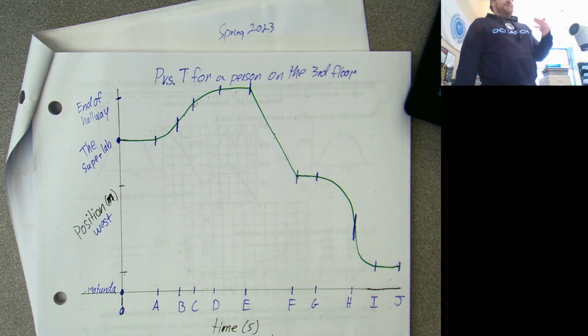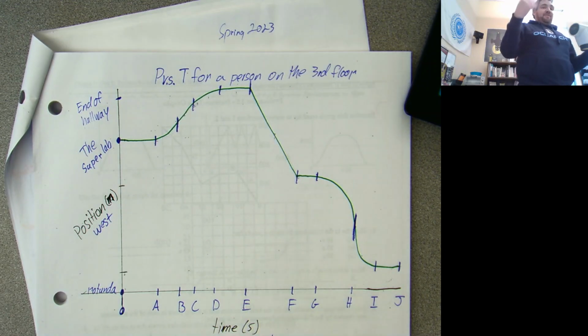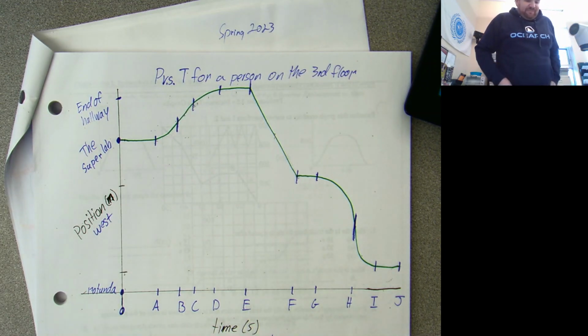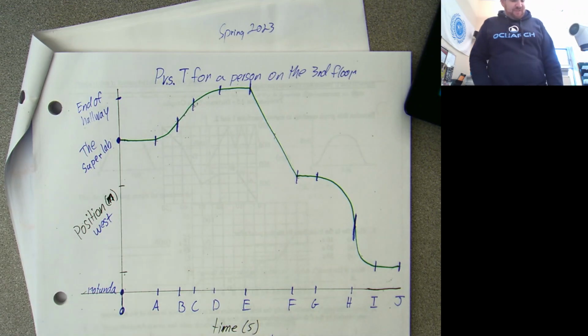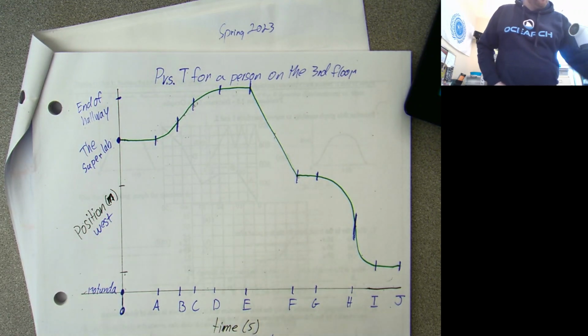Be as deliberate as you can. Talk about speeding up and slowing down. Give me a description. And then once you've decided on something, I want one of you to record what you've decided on. What's the description of the person doing this motion?